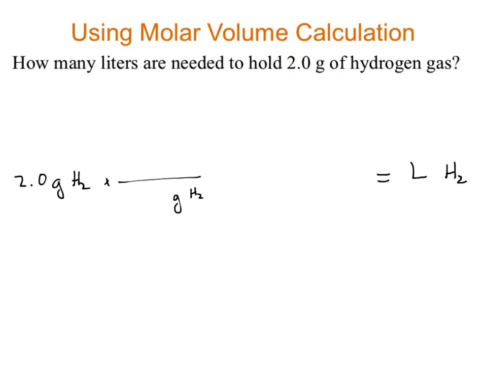Which means I'm going to have to convert to something else. So what do I want to convert the grams to? Why moles? I know I have a conversion factor for it, which is a good answer. I also have a conversion factor for AMUs. Why should I do moles instead of AMUs?